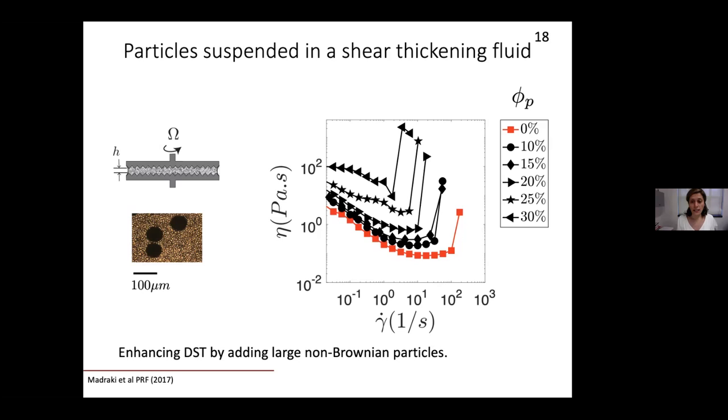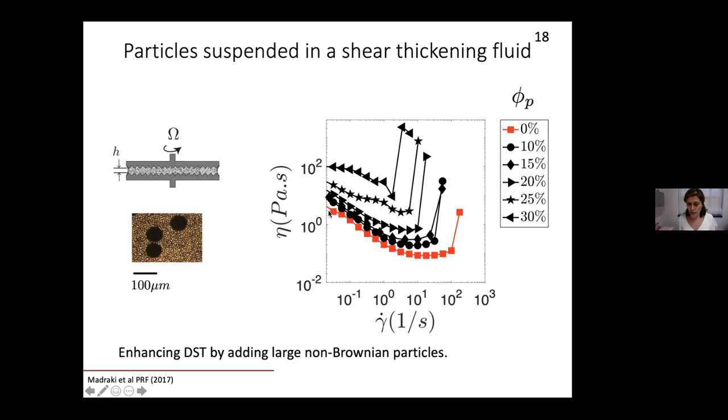Cement is a shear thickening material, and you can experiment with cornstarch, and that would give you the same behavior. So if I understand what happens when I add these large non-Brownian particles into the oobleck, it is a model, I shouldn't say model suspension, but an equivalent system of concrete that lets us understand that behavior.